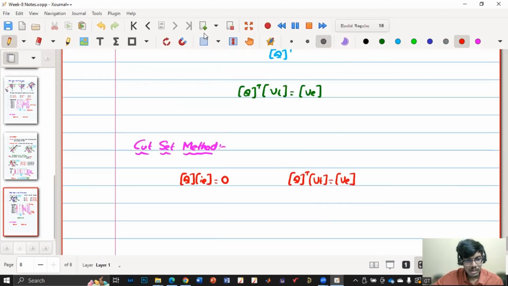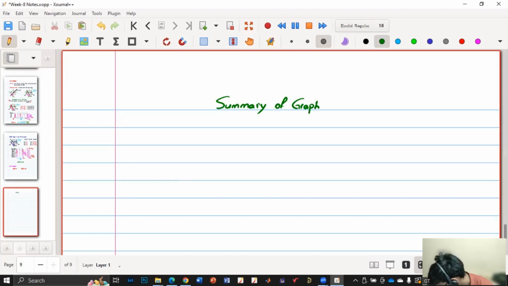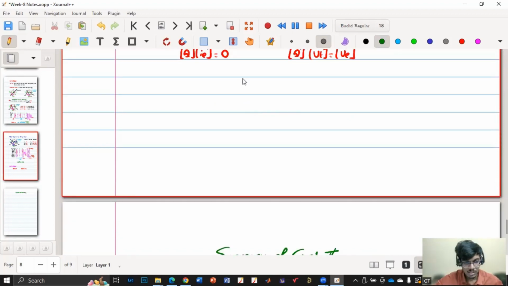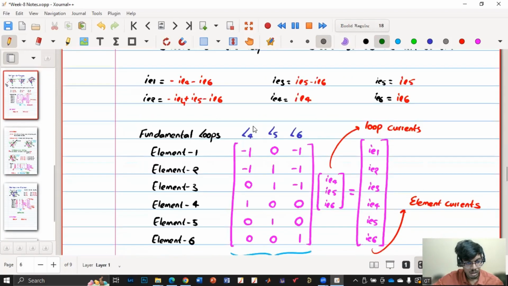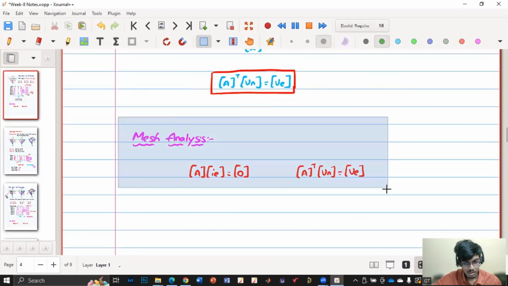So let me take a moment and summarize first the equations that we got. Then I'll summarize what we have discussed. So, summary of graph theory. Let me just copy paste the results that we got in all the methods.